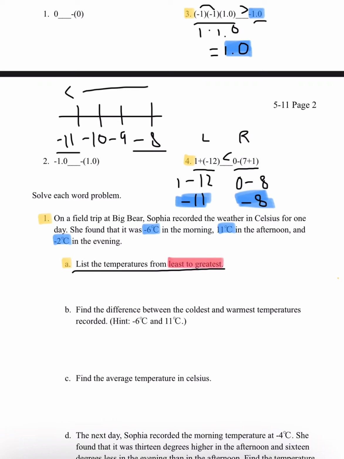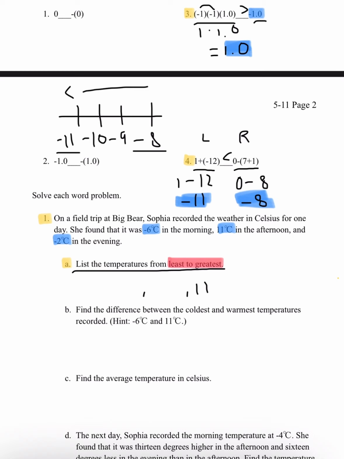So we know that there are 2 negative numbers, right? However, there's one positive number, and positive is greater than negative. So our greatest number is going to be 11. So I already got that. We just have to find where the other 2 numbers, negative 2 and negative 6, belong.